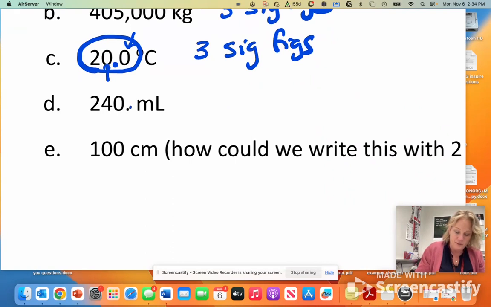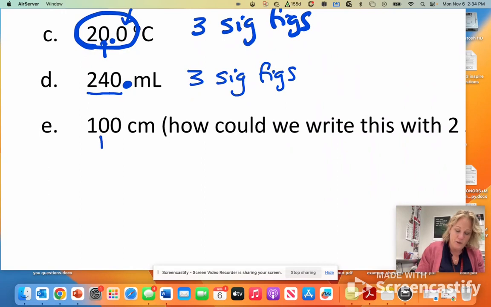This number also, sometimes in math, we know that the decimal is implied. In science, if you put the decimal on the end, then that makes kind of a sandwich again. So that makes all of these count. 100 only has 1 sig fig. How would we write it with 2?